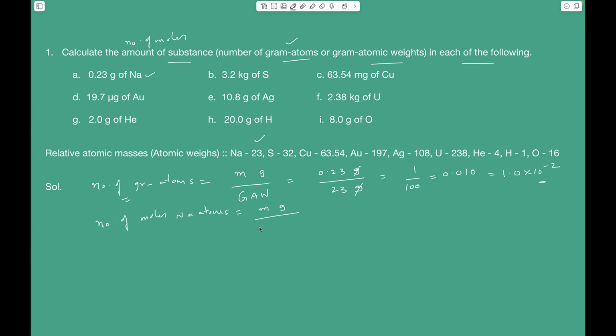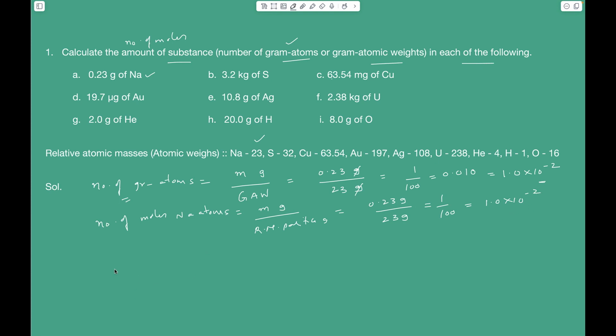Mass given over relative mass of the particle in grams. What is the mass given? 0.23 grams. And what are the particles we are talking about? Sodium atoms. What is the relative mass of a sodium atom? 23. If it is expressed in grams, it becomes 23 grams. Again, it is 1 over 100 or 1.0 times 10 to the power of minus 2.